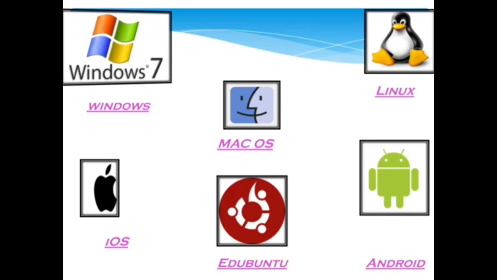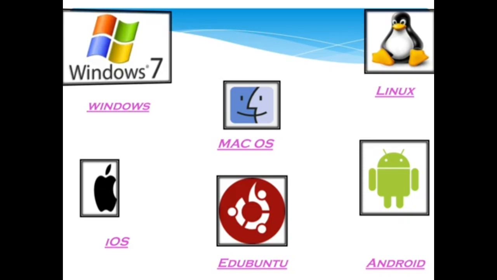So see the icons: the first icon is Windows 7, the next one is Mac OS, the next one is Linux, and the next one is iOS, the next one is Ubuntu, the next one is Android.